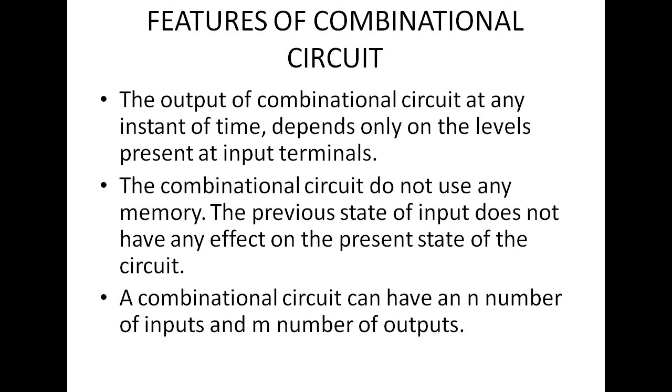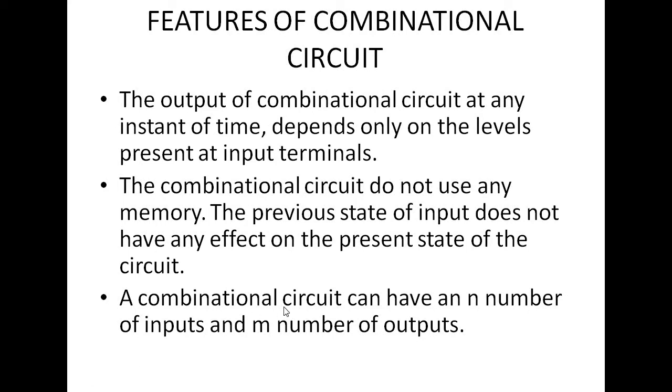We can give input A, which is processed and gives output, let us consider X. That means X only depends on A, so there is no requirement of a memory element. The previous state of input does not have any effect on the present state of the circuit.